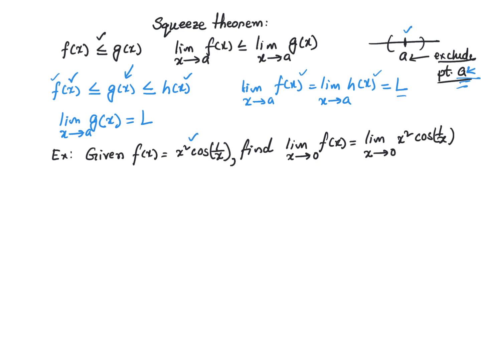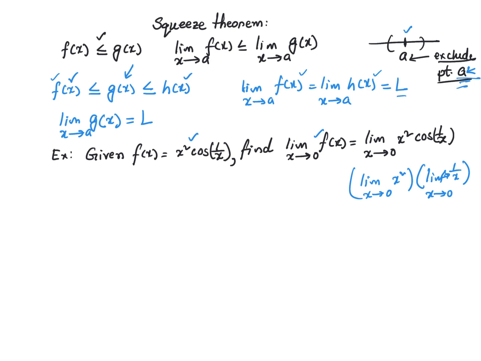Now, the easiest example of squeeze theorem is using this function. f of x is equal to x squared times cosine of 1 over x. We need to find the limit of this function as x approaches 0. You can apply the multiplication rule for limits. That gives you the limit as x approaches 0 of x squared, times the limit as x approaches 0 of cosine of 1 over x.